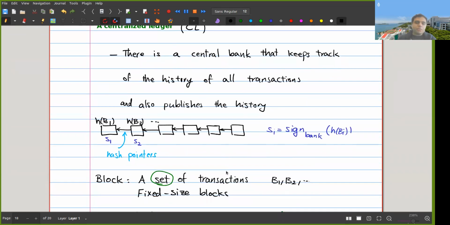Or maybe the central bank wants to put some extra rules on the transactions and say that in order to do this transaction, you have to do some particular thing. So you have to satisfy, let's say, a rule that was set down by a government or maybe by the bank itself. And we don't want to give the bank this kind of control.